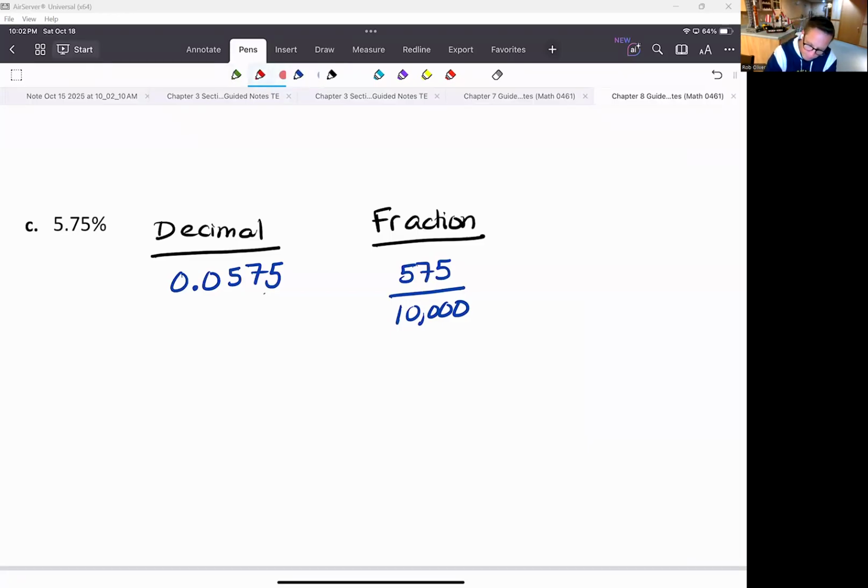And then we can reduce it by dividing it by 25. So we're going to get 23 over 400. There it is.